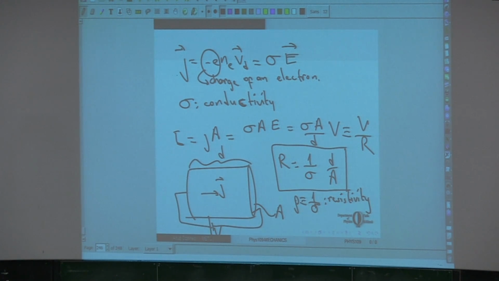So let's see, if we stick with this definition, J is coulombs per second meter squared. The unit of n e is numbers per volume, divided by meter cube. So it is coulombs per second meter squared.